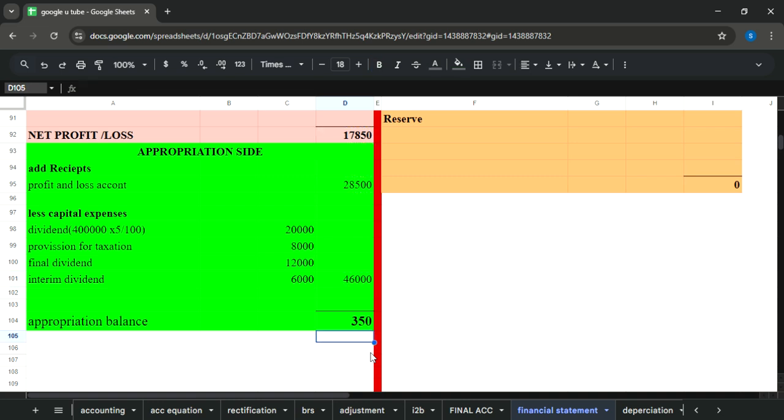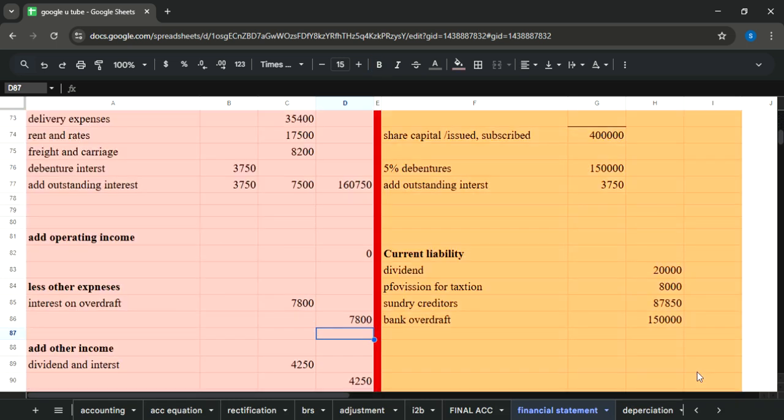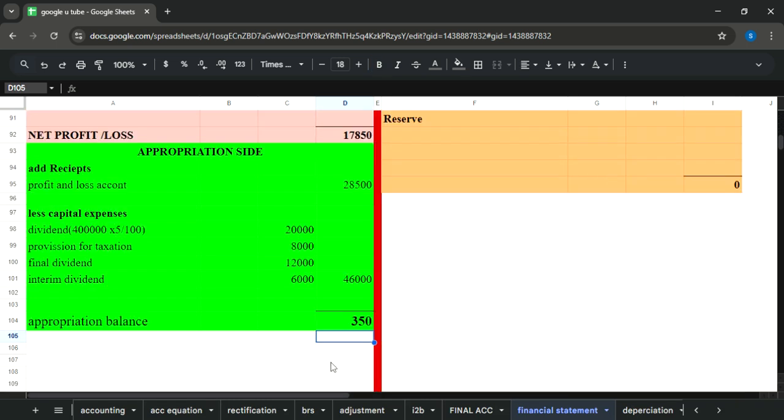So finally we have got 350. This is appropriation balance. Answer is available in the book. Let's check it out. So what we have got is 350. This is appropriation account. That means we have completed all 3 parts present on left side.